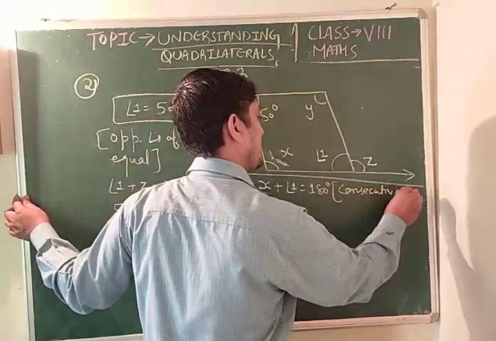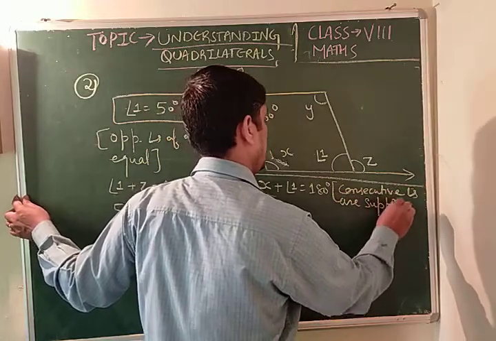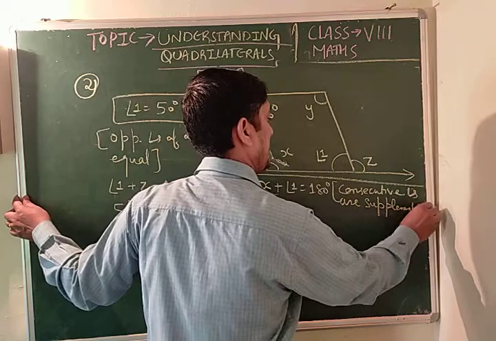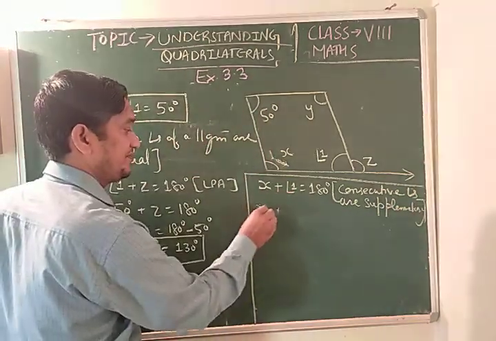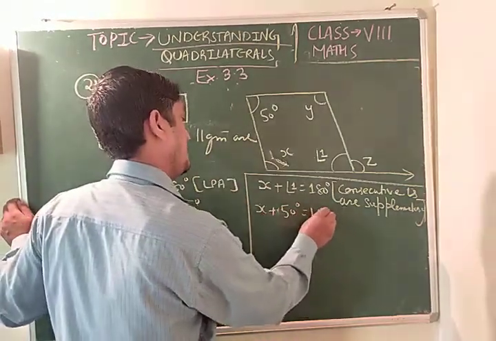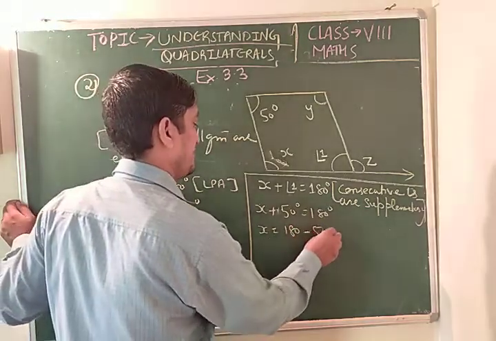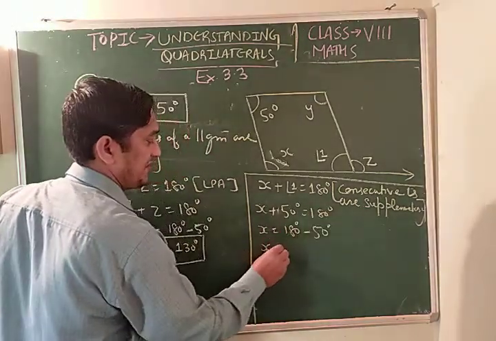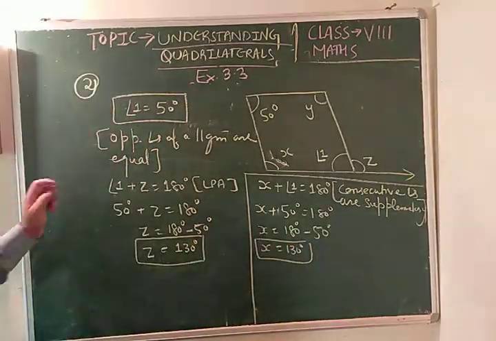Consecutive angles are supplementary. So angle 1 is 50 degree, plus x equals 180 degree. The value of x is 180 minus 50 degree. It comes 130 degree.